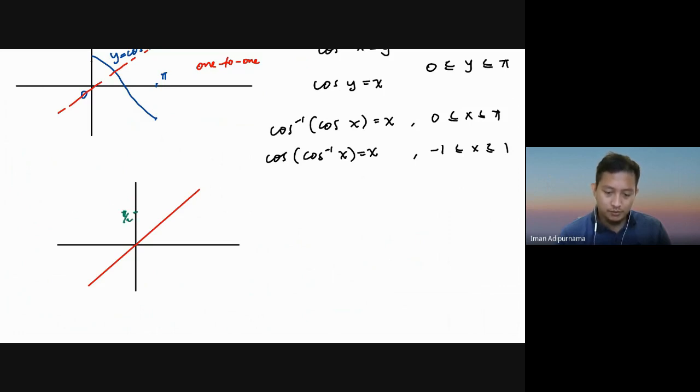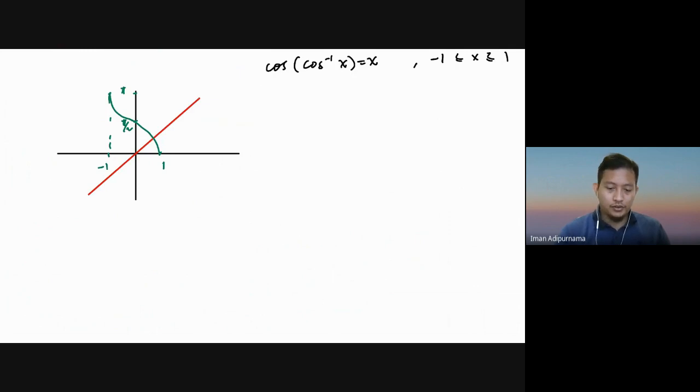Pi over 2 and the pi over here. And this is 1, negative 1. Okay. All right. Now move on to the tangent.